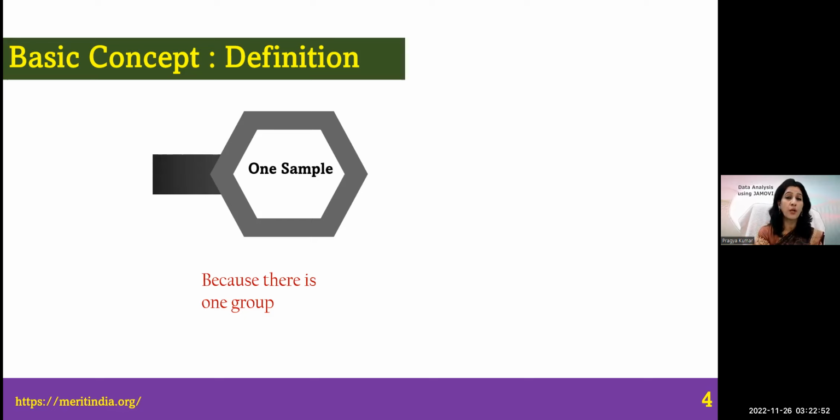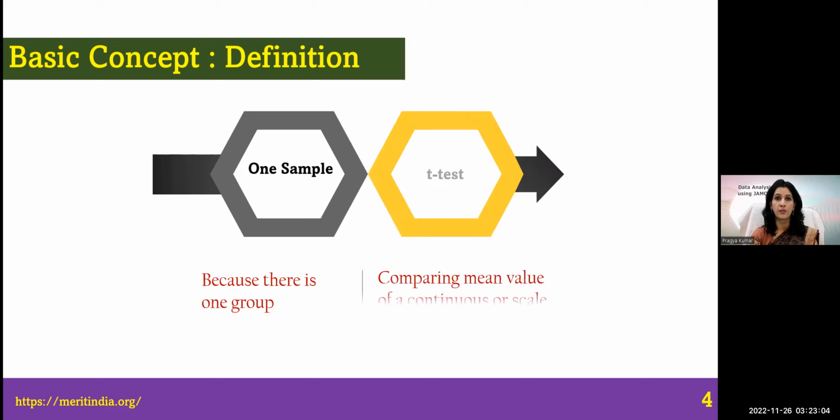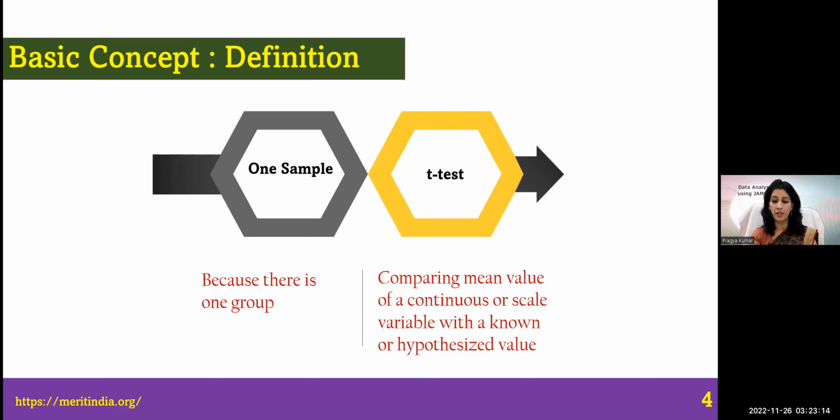Then how will you compare it? Because you will have only one mean. So in this case, you compare the mean of this one group to some reference value. You compare the mean value of a continuous scale with a known or a hypothesized value. It can be a known value or it can be a hypothesized value.